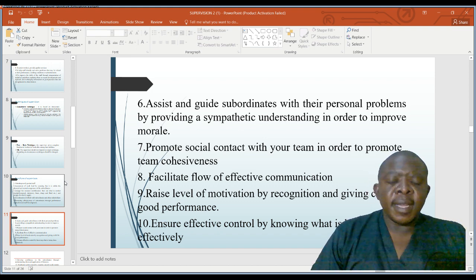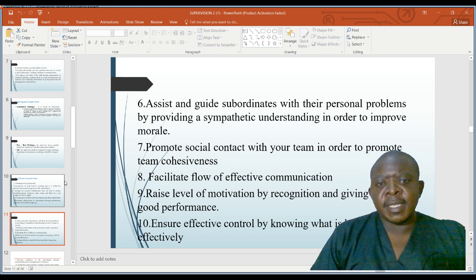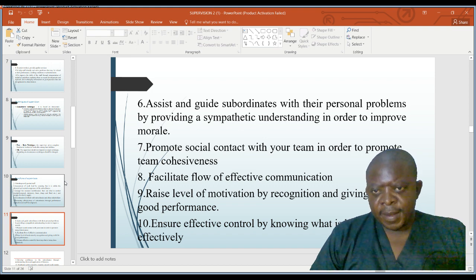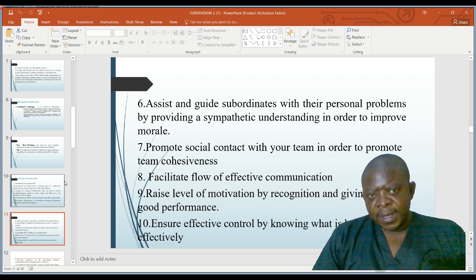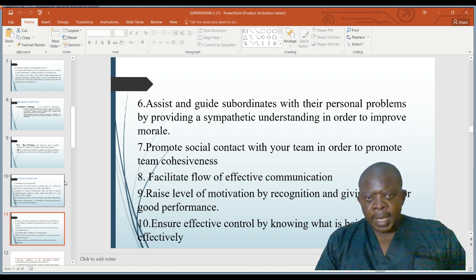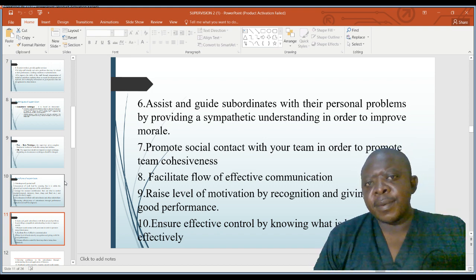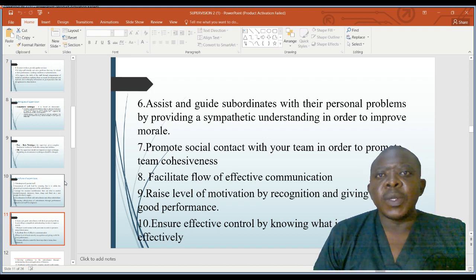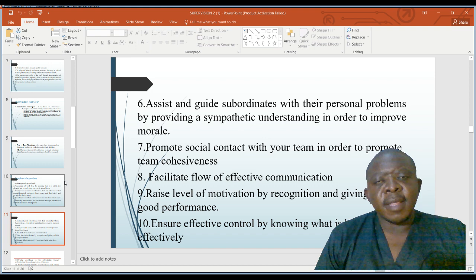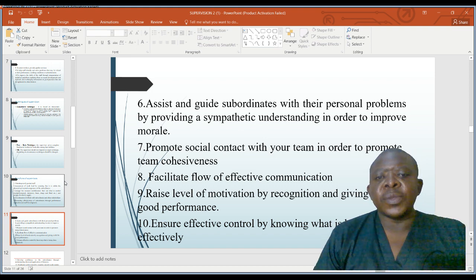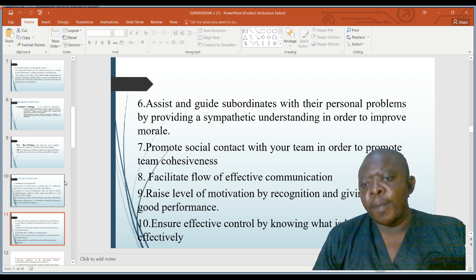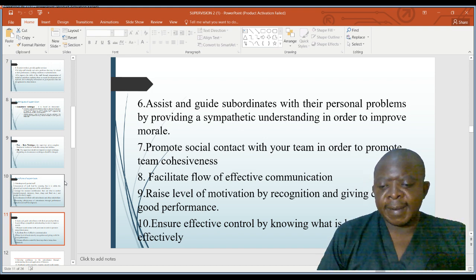The ninth function of supervisors is to raise a level of motivation by recognition and giving credit for good performance, writing a recommendation for promotion and the likes. Then the 10th function of supervisors is to ensure effective control by knowing what is being done effectively.